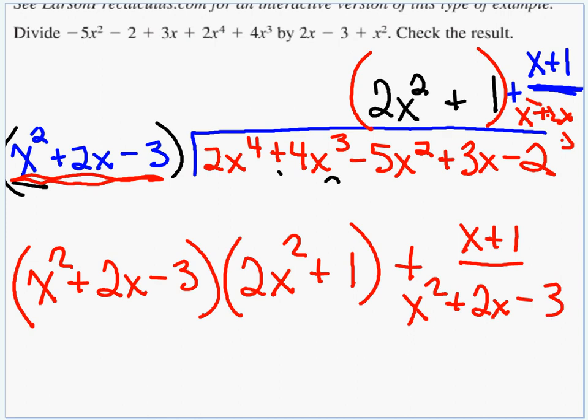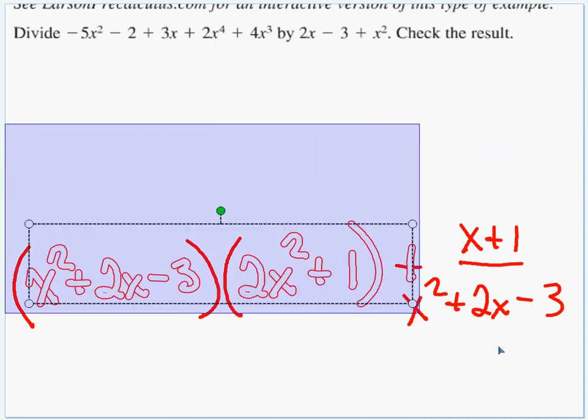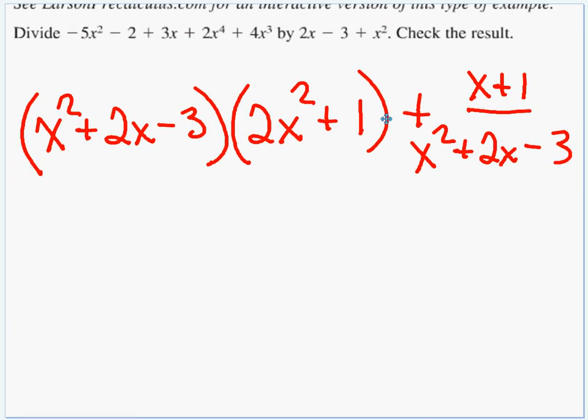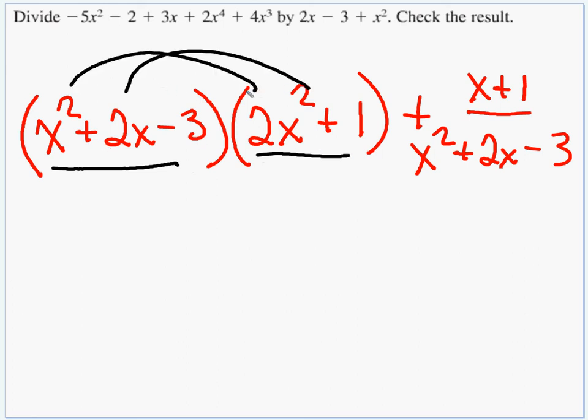Now, let me just erase a little more, get some more room here. The big picture: we are going to sort of FOIL and distribute this binomial and this trinomial.